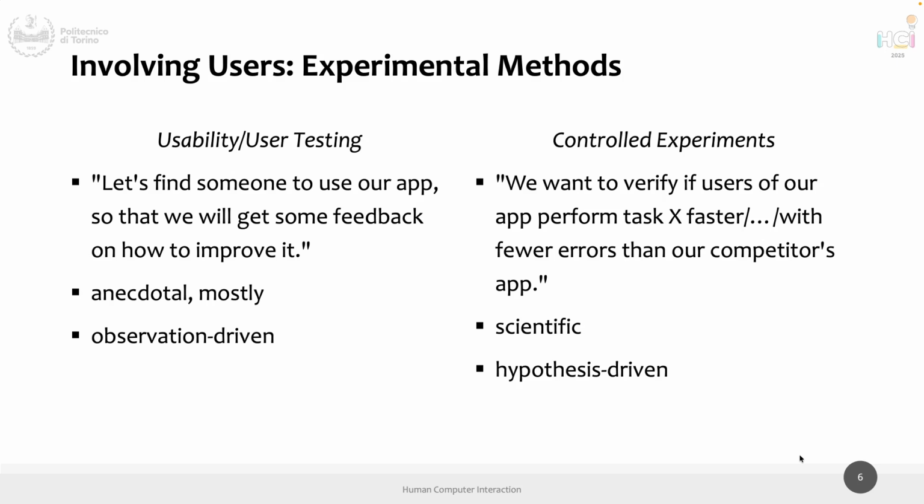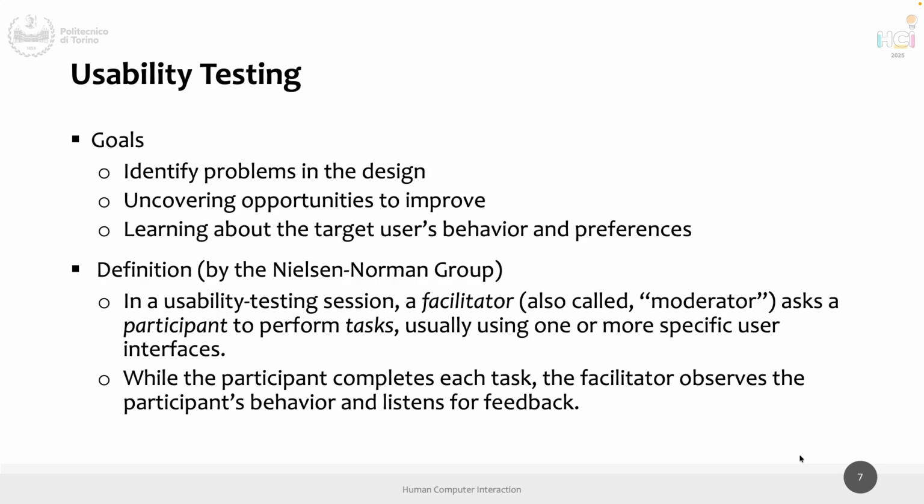So this could be one kind of simple controlled experiment, but it's scientific and it is a hypothesis that creates the entire experiment and drives the results of the verification. As I was saying, we won't talk about controlled experiments, but we will talk only about usability testing in this course and in this lecture in particular.